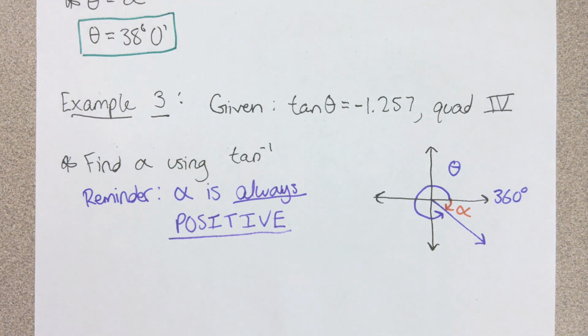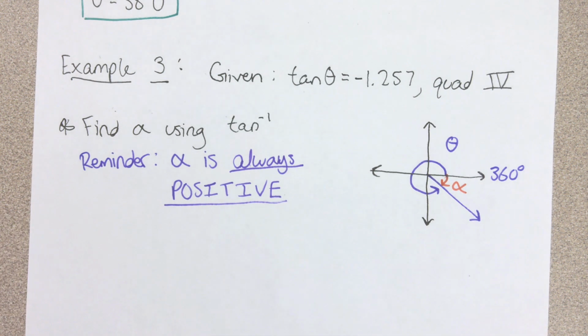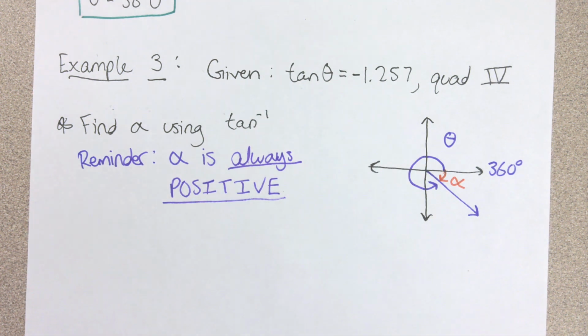Can't emphasize that enough. So that's a sneaky little rule you're going to have to remember when you do these problems. So when I go to take the inverse here, notice that's a negative number. So take off the negative. It's as simple as that.